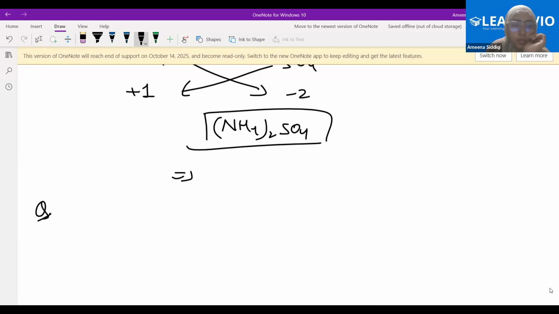The next question I want to know is for aluminium chloride. First, tell me the correct formula and then tell me the answer, the molecular mass.